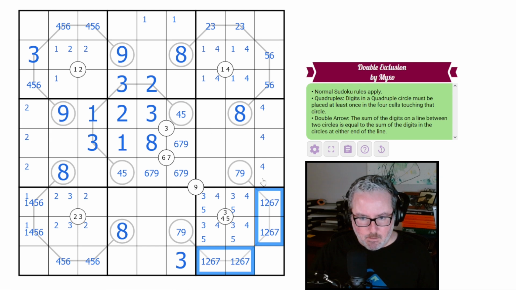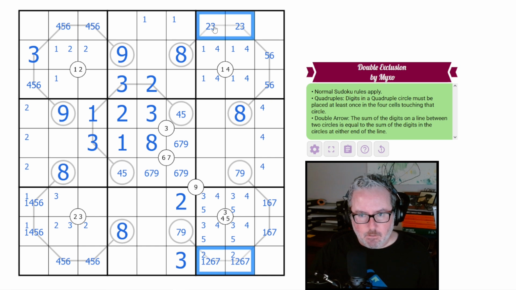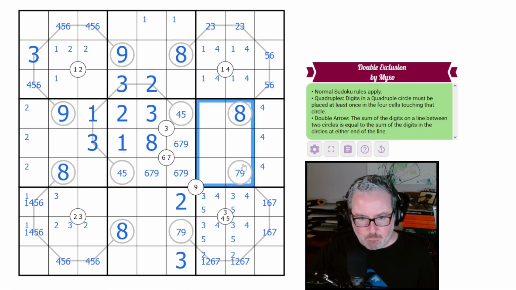Is there anything that we've previously done that'll tell us those are what? Well, 2s. One of these is a 2, which means none of these are, which means neither of these two are 2s. One of these is. Okay. We get an X-wing on 2s, so none of these are 2s.